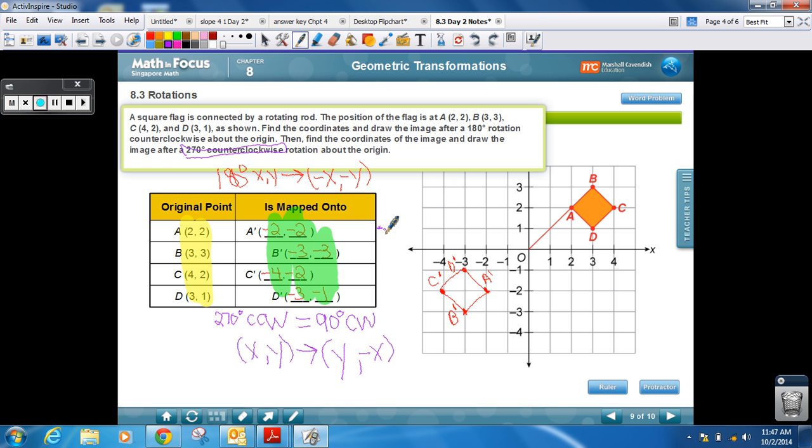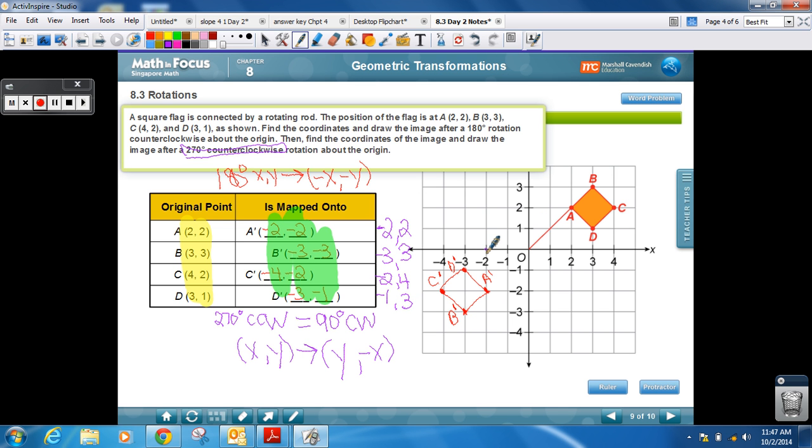So we're taking the x, we do the y, which is negative 2. The opposite of x is 2. On B prime, it was negative 3, 3, so it would be negative 3, 3. C prime was negative 4, negative 2, so now it's going to be negative 2, 4. And our last one was negative 3, negative 1, so it's going to be negative 1, 3.